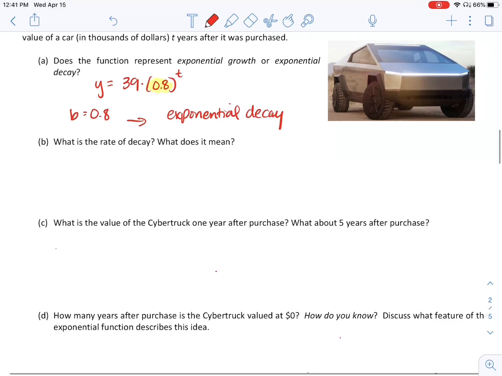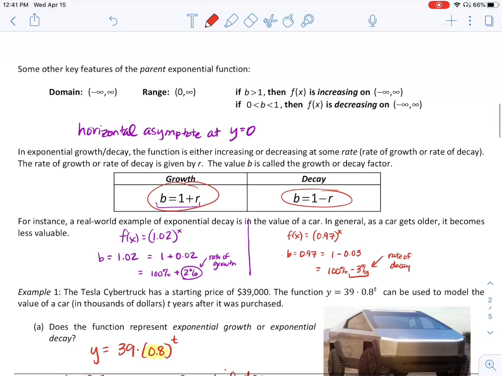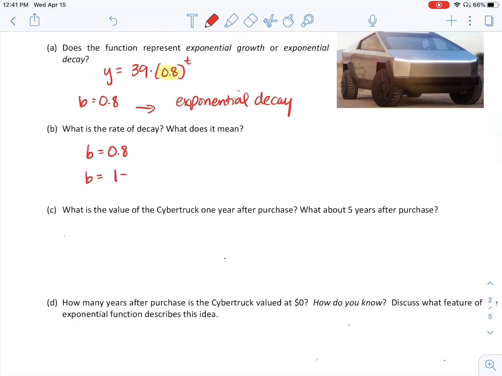What is the rate of decay? Well, I have two pieces of information. I know that the base is 0.8, and I know that the base can be rewritten, since it's a decay model, as 1 minus the rate of decay. So using those two pieces of information, I can say 0.8 is equal to 1 minus r.